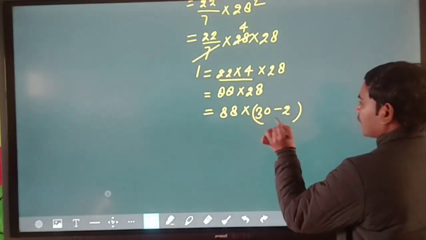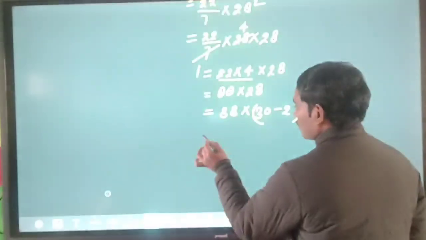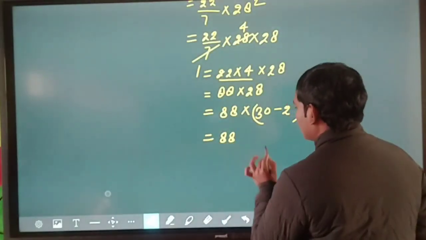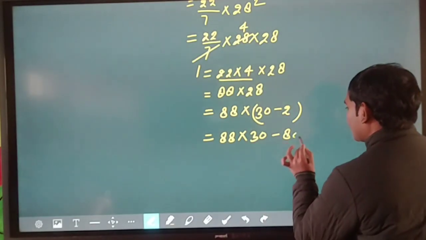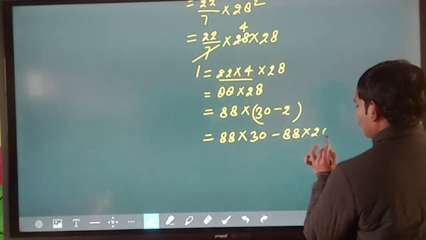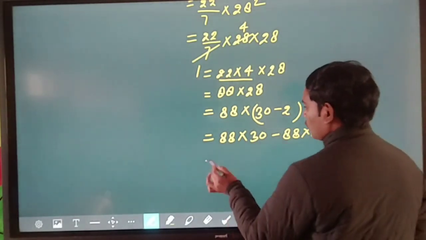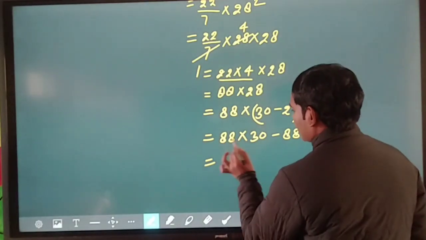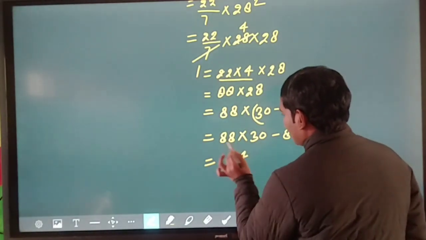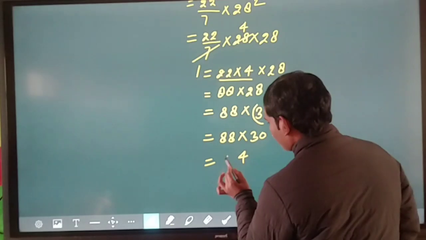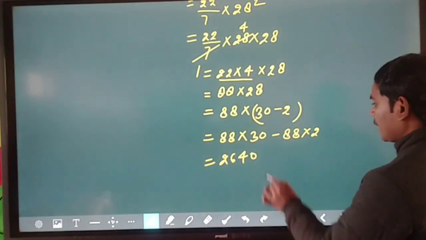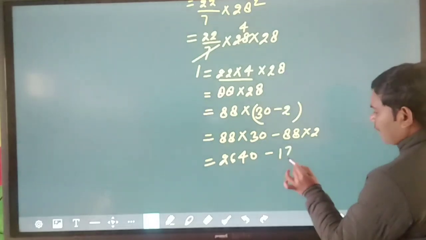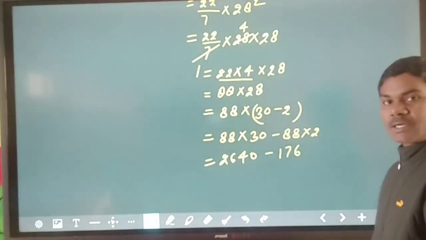Now multiply 88 into 30 minus 88 into 2, so we get 2640 minus 176. Is that clear?